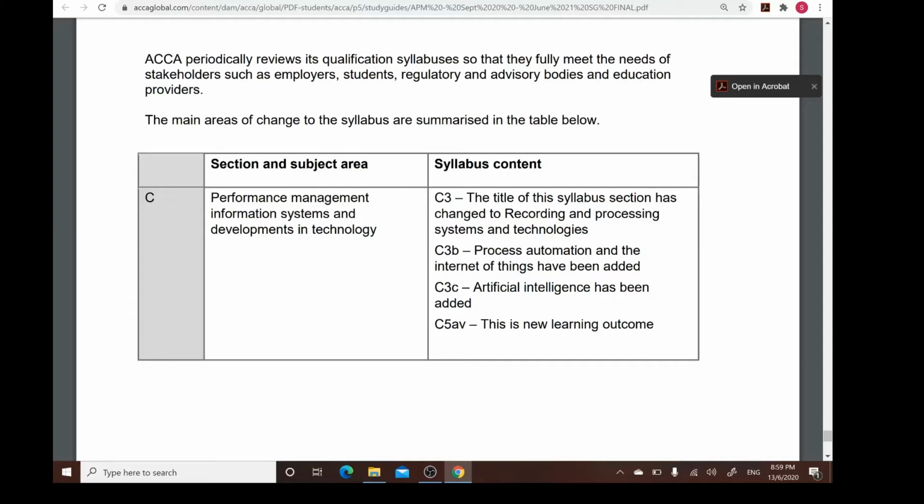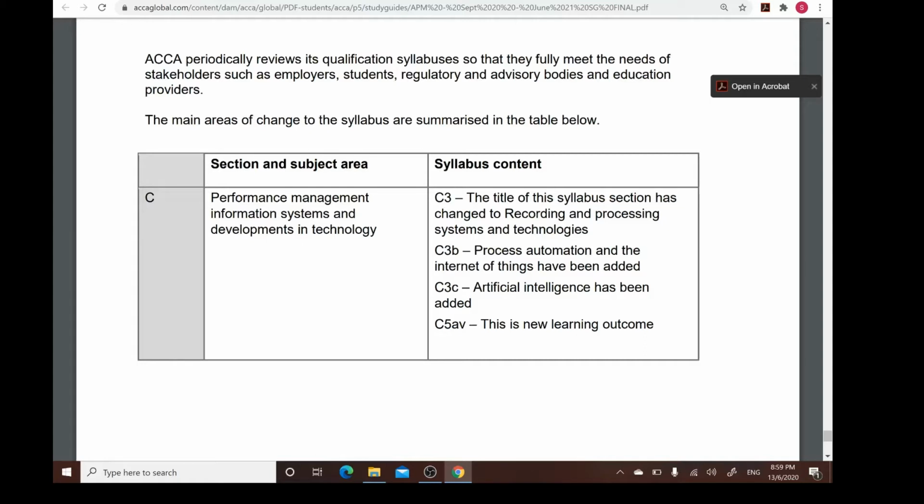That's the area for the updated and upcoming examinations from September 2020, for example process automation and the Internet of Things, which is what we call IoT, that have been added.